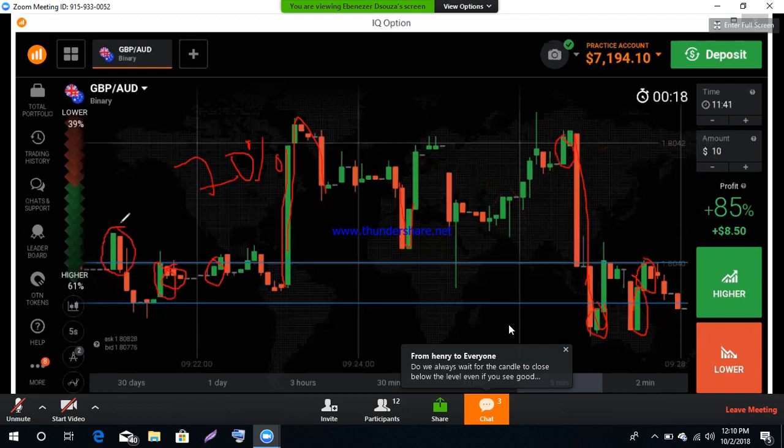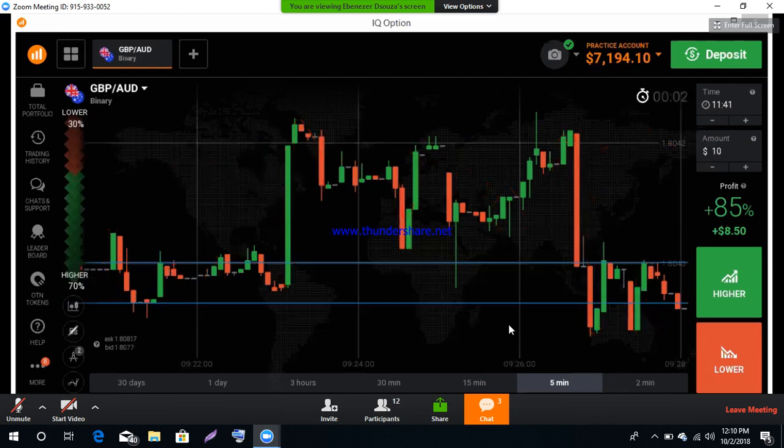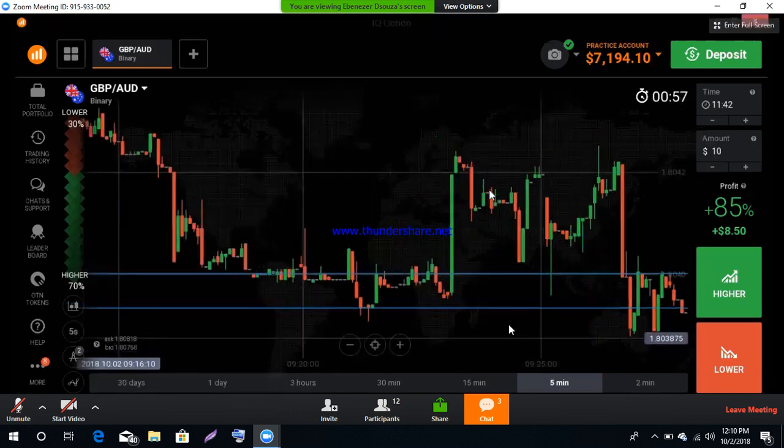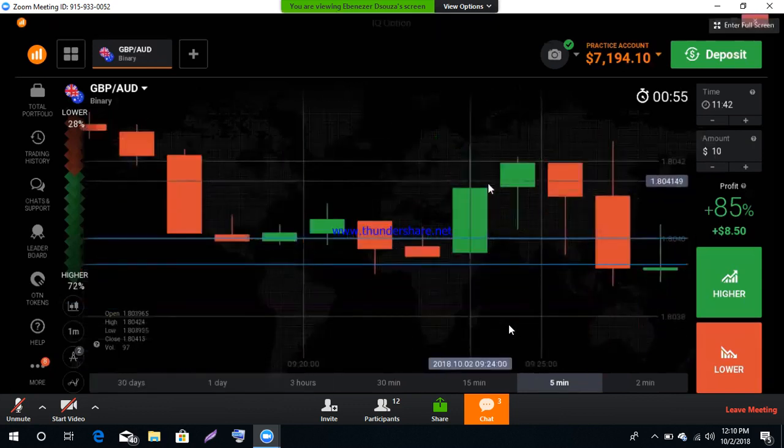Do we always wait for the candle to close below the level, even if you see good confirmation, and trade with confirmation at the next candle? You always trade on the next candle. When the market closes below the level, just wait, I will show you. The candle must close below the level with rejection.